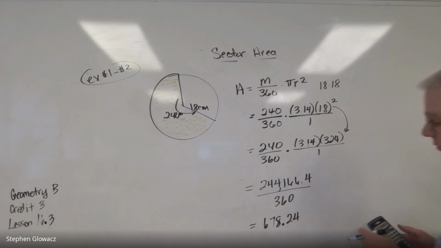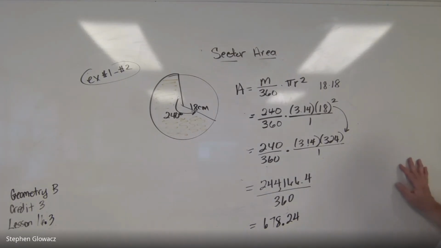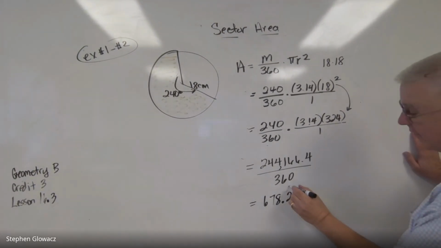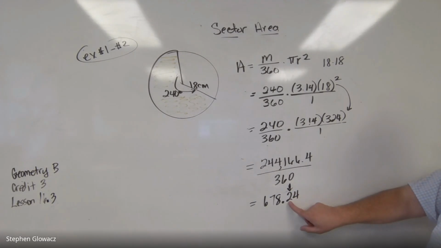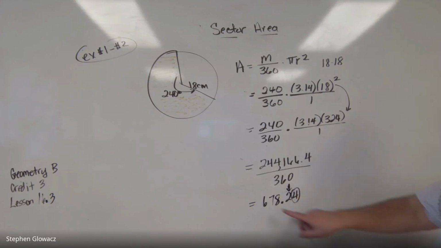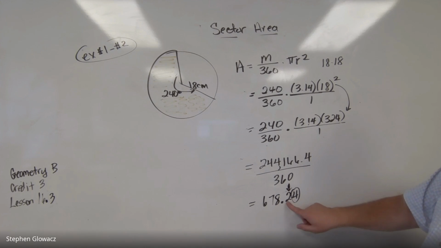And so we're going to round to the nearest tenth, and recall that the nearest tenth, or the tenths spot, is the first decimal place after the decimal. The next number tells us how we're going to round. So the options are to stay 678.2 or go up to 0.3. Which is it?